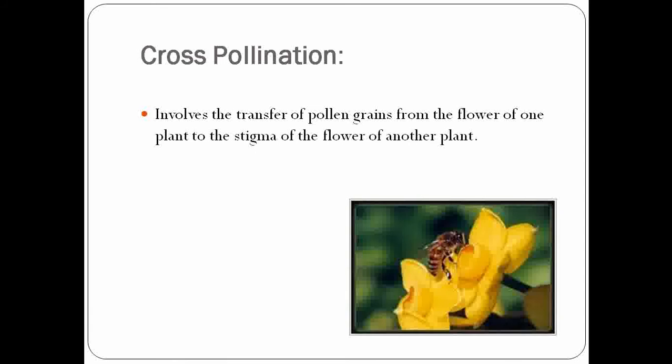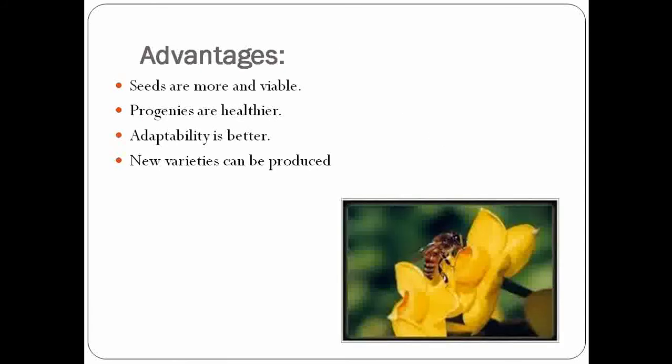So now we see what are the advantages of cross pollination. See that here the seeds are produced in more number and they are viable ones. Then due to the cross pollination the progenies become healthier.